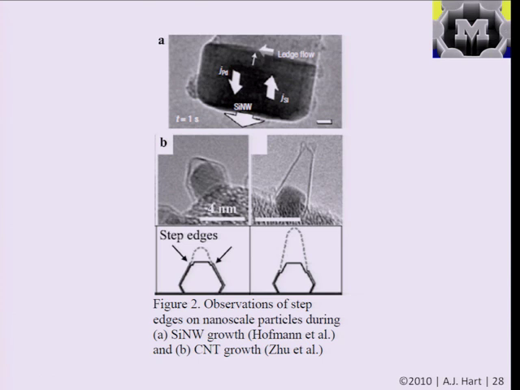And you have to cross a nucleation threshold every time a new layer is created, and then it grows, and then another layer nucleates, and the next layer grows across.